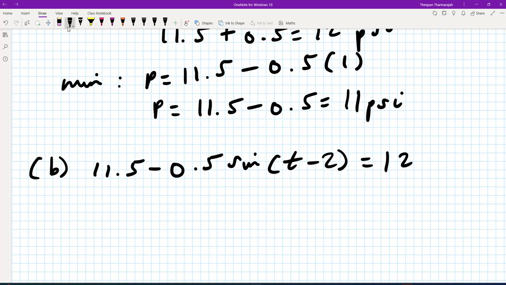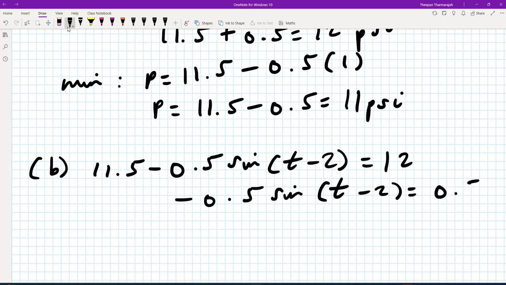We can solve that equation. So minus 0.5 sine (t minus 2) is equal to 0.5, so sine (t minus 2) equals minus 1.